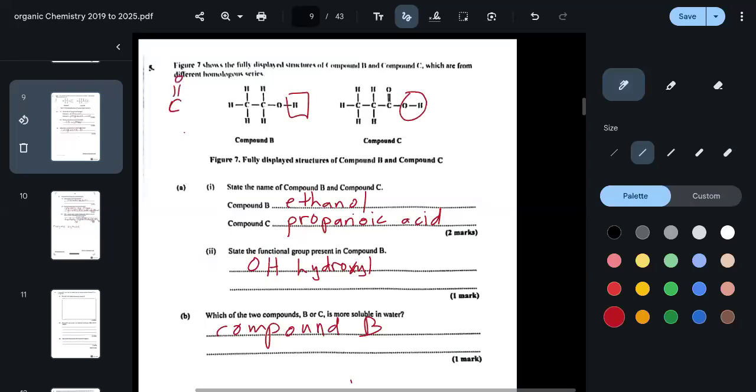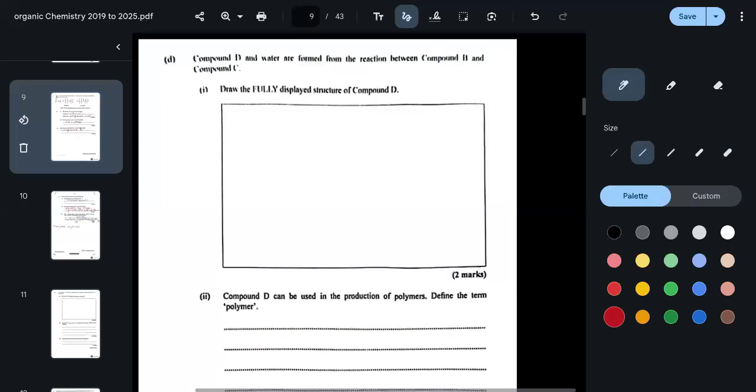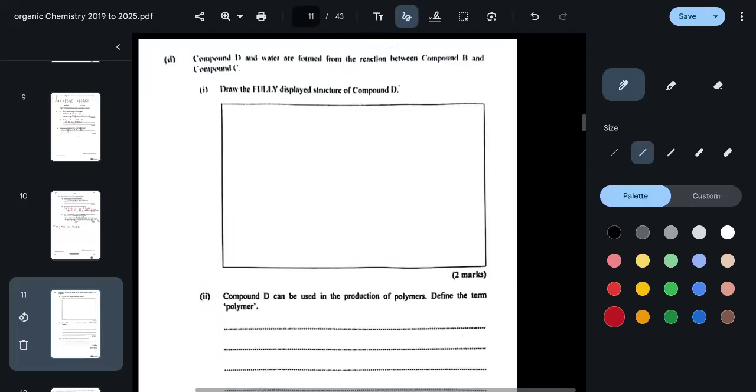So you will take the OH of the acid and the H of the alcohol. So all they ask for here is to draw the fully displayed structure of compound D. They did not ask you to show how it is formed. So all you need to do is draw the ester. But I'm going to show you how I get the ester.